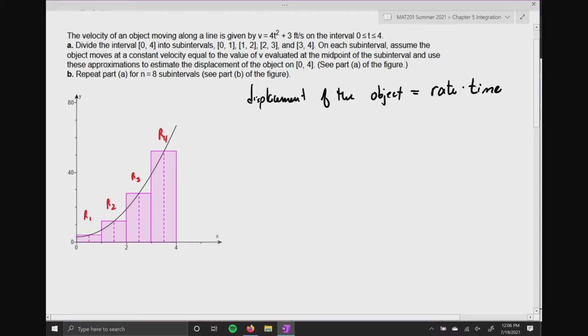That's nothing more than the area of a rectangle. On each subinterval, what we're going to do is approximate the velocity by a constant equal to the value of v evaluated at the midpoint. So our first subinterval is going to be 0 plus 1 divided by 2, which equals 0.5.